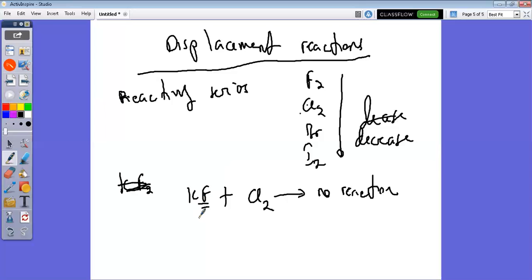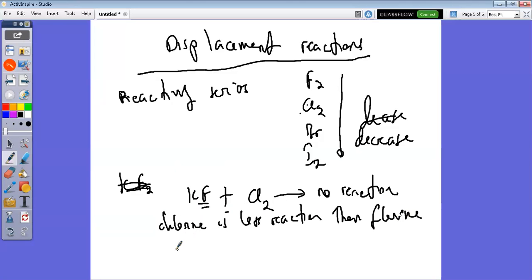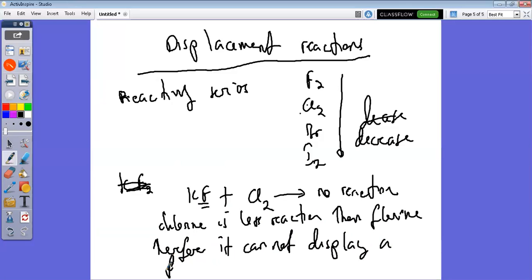So the reason is that chlorine is less reactive than fluorine. Therefore, it cannot displace a fluoride ion from its compounds. Are we together? It cannot displace a fluoride ion.